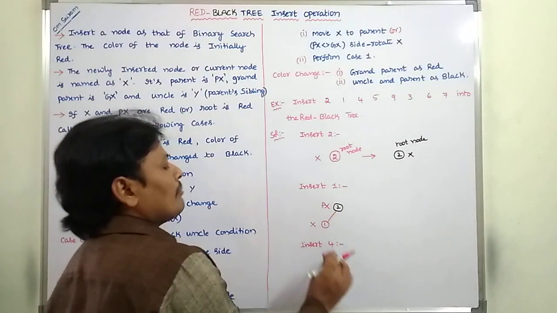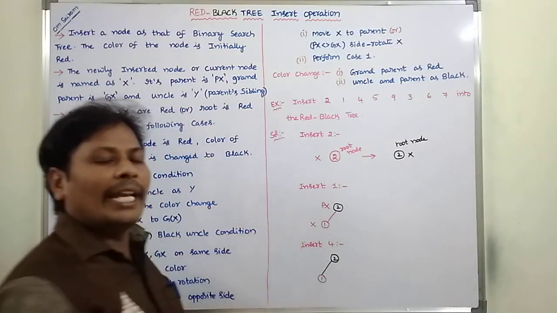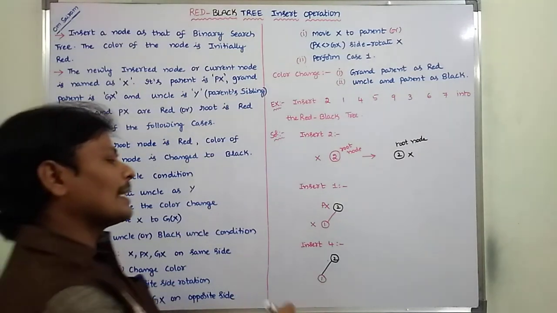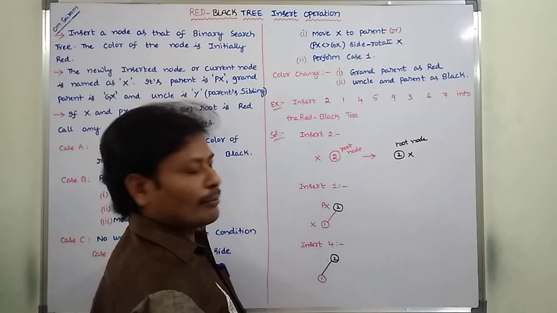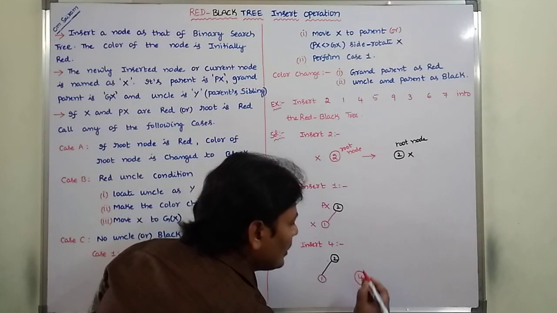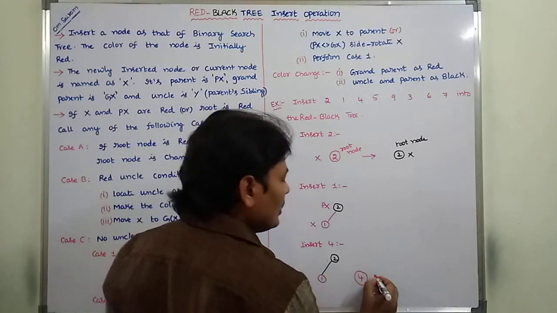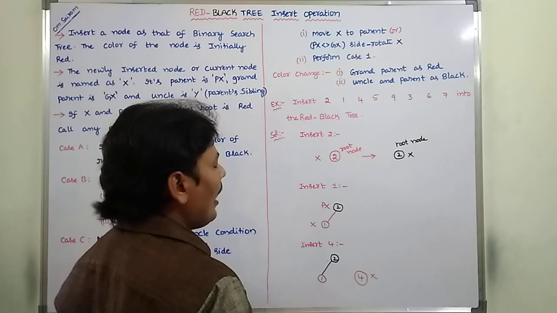Now I am inserting element 4. 4 is compared with the element at the root node. It is greater than 2, so it is inserted at the right subtree. So in the right subtree we write element 4. It is a red node, denoted by X, and we have to draw the edge.